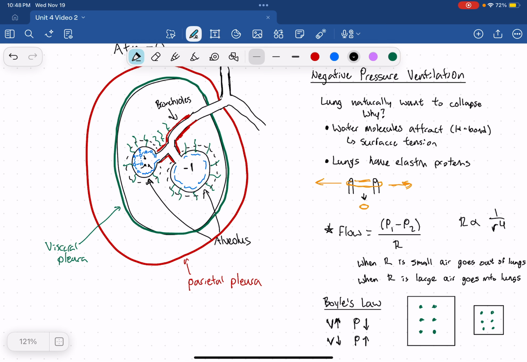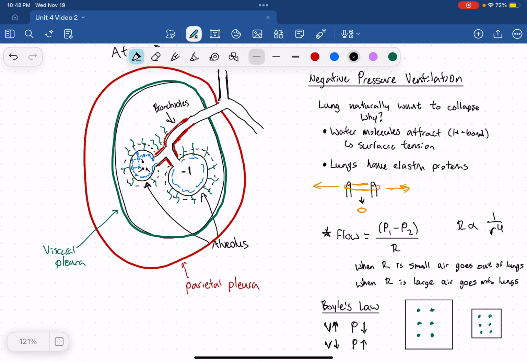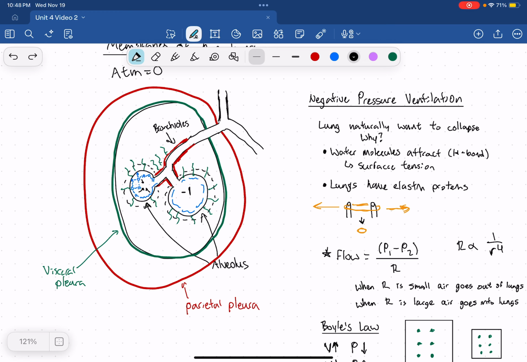If we want air to flow into the lungs, using the flow rate equation that we were talking about earlier, if the atmospheric pressure is higher than the pressure inside the lungs, then air will want to flow into the lungs.